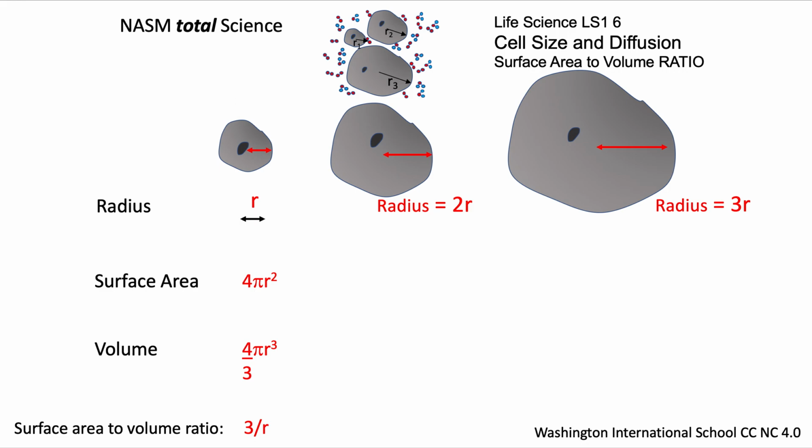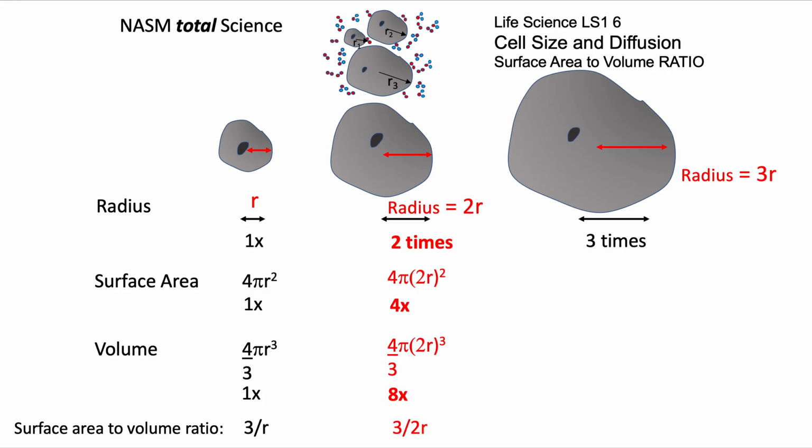Now, can we say r equals 2 times the radius? So we're putting 2r into the formulas instead of just r. What happens to that middle cell? So try and work that out in terms of algebra to work out what happens to the surface to volume ratio, and pause while you do that.